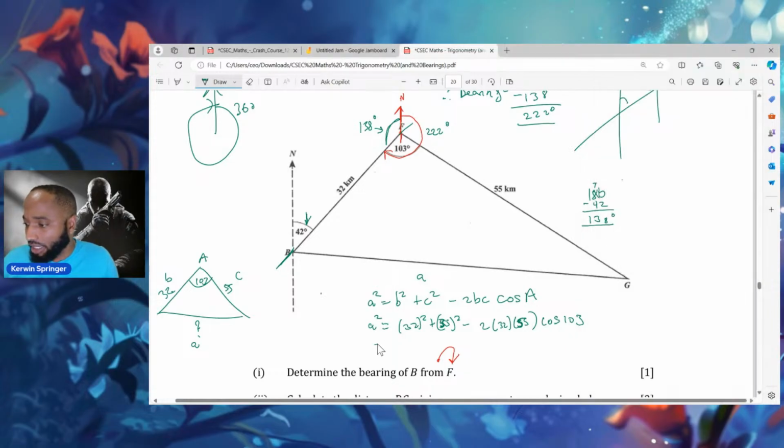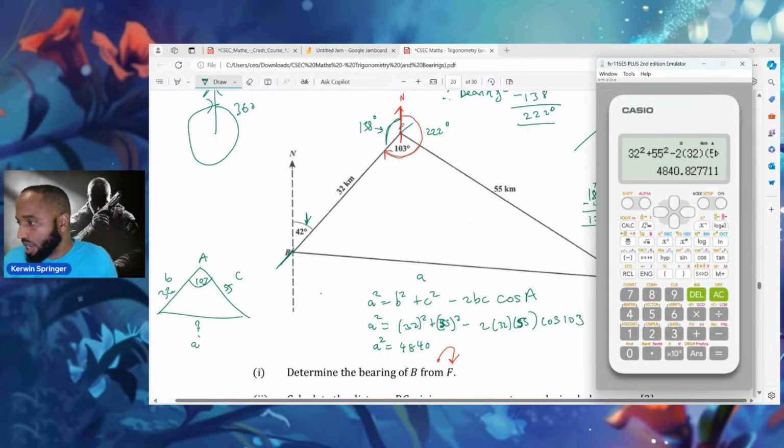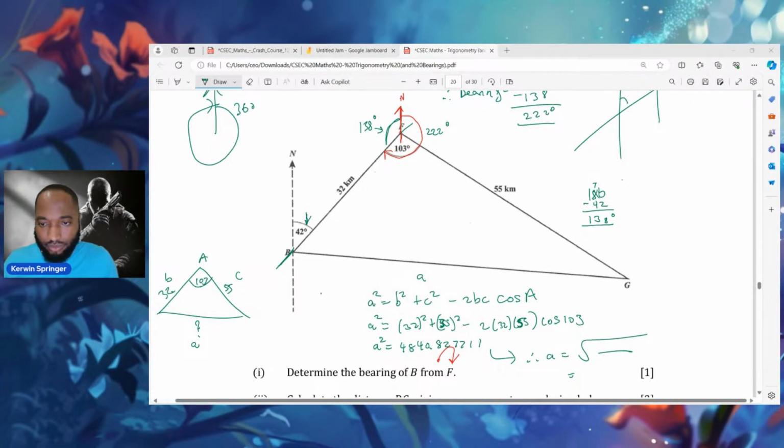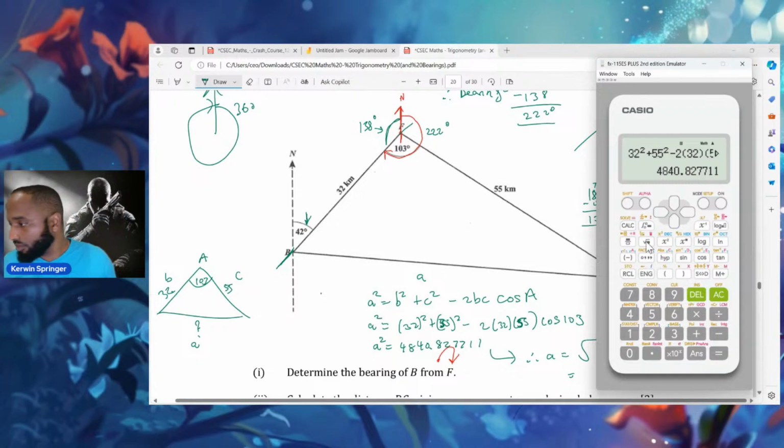So you get 4840. That's not the answer. That's what A squared is. You want to keep all the decimal points. 0.827711. Therefore, A is going to be equal to the square root of that, which is 69.